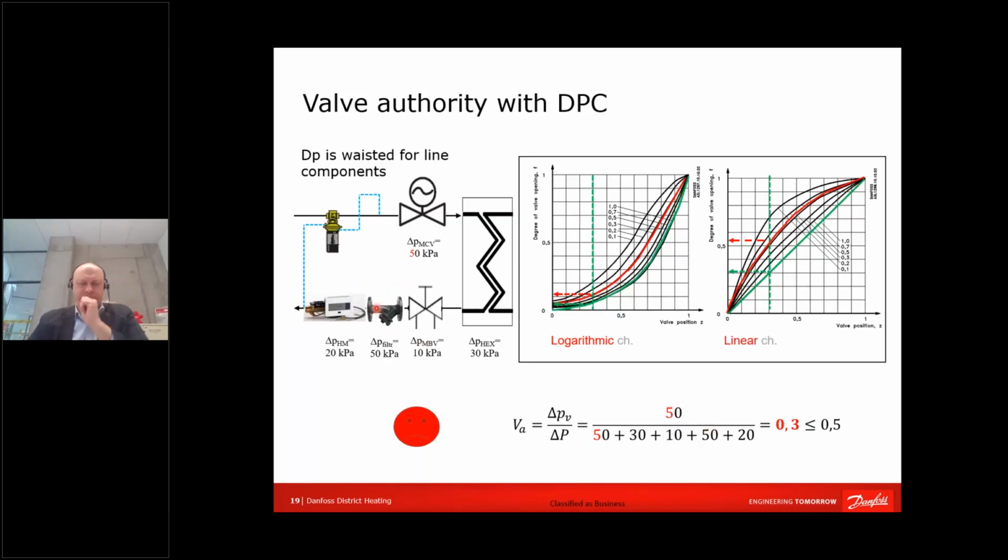But we have scenarios where someone decides the differential pressure controller should be installed far away from the station, somewhere almost on the inlet of a station. And then we have a different scenario. We have to include in the range of the differential pressure controller all the components, because otherwise we will have no flow.